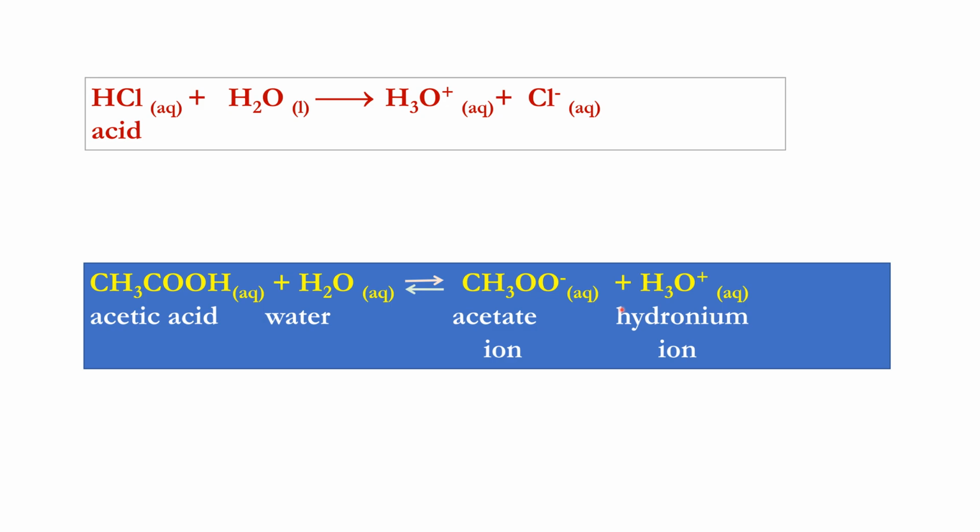Their ratio does not vary. The forward and reverse reactions occur at equal rates. So this is the forward reaction and this is the reverse reaction. So it goes both ways. Forward reaction, reverse reaction.